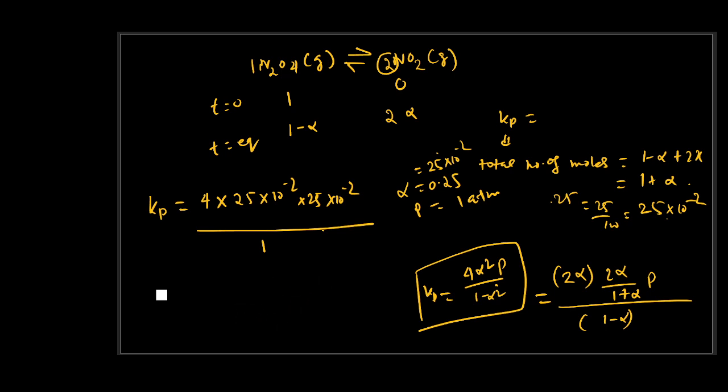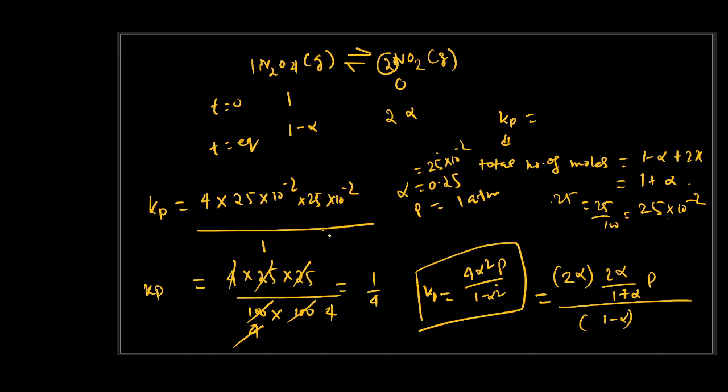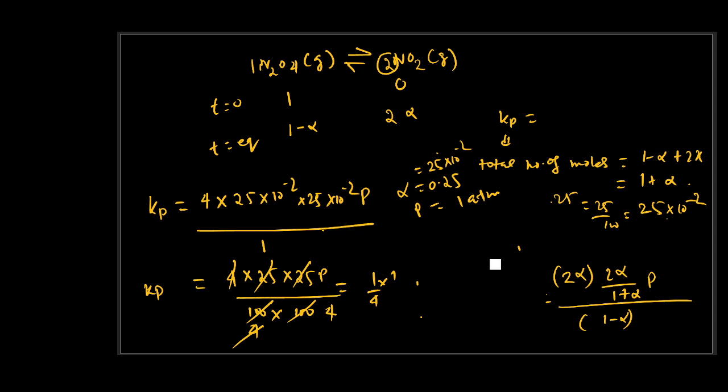So if you calculate this, then 4 into 25 into 25 and take this value down, that will be 10 to the power 2, that is 100. So 4 by 4, we can cancel this. So remaining is 1 by 4 and p is there, and p value is 1 atm. So Kp equal to 1 by 4 into 1, that is 1 by 4.